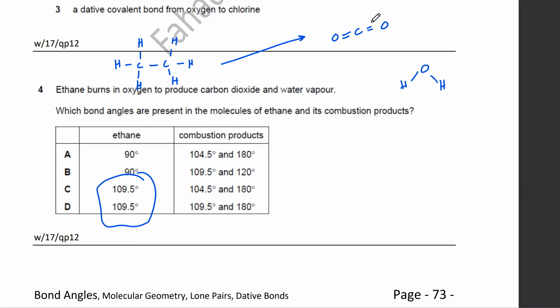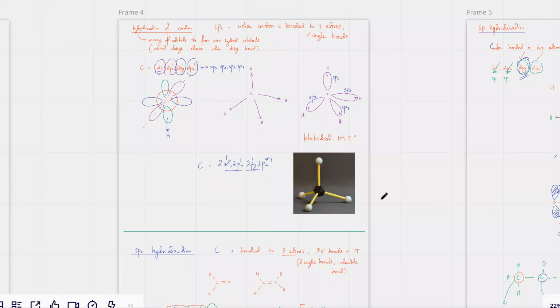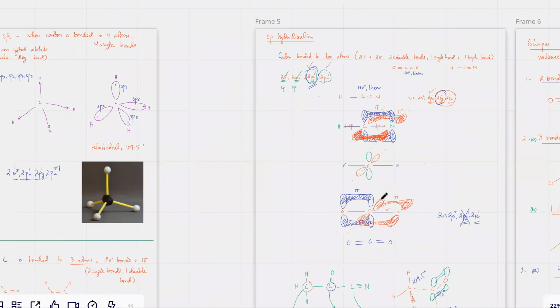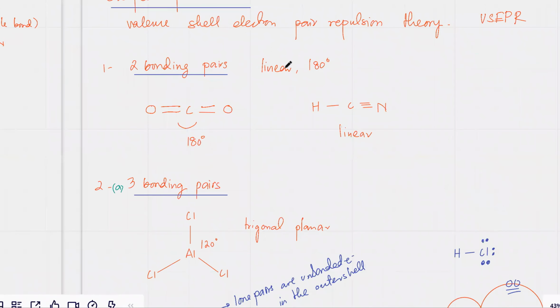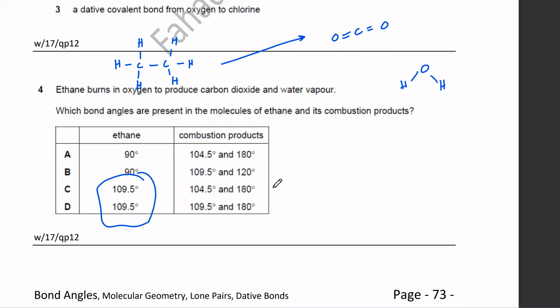When you have 2 bond pairs, there's a pair of electrons here and a pair of electrons over here. Whenever you have 2 bonding pairs, the shape is linear. They would repel each other and be as far away from each other as possible, so the angle would be 180 degrees. So one of them is 180 degrees. It's going to be a linear shape.